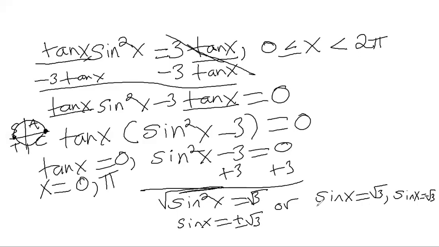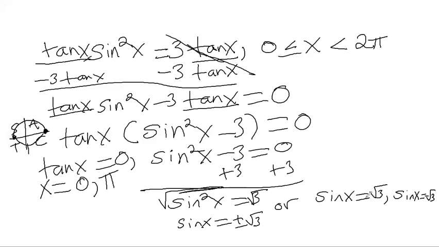Now, for this one, we have to look at sine of what value gives me square root of 3? This is a little bit tricky, and this is where you have to really remember the range of sine functions, because the range of sine is always from -1 to 1.